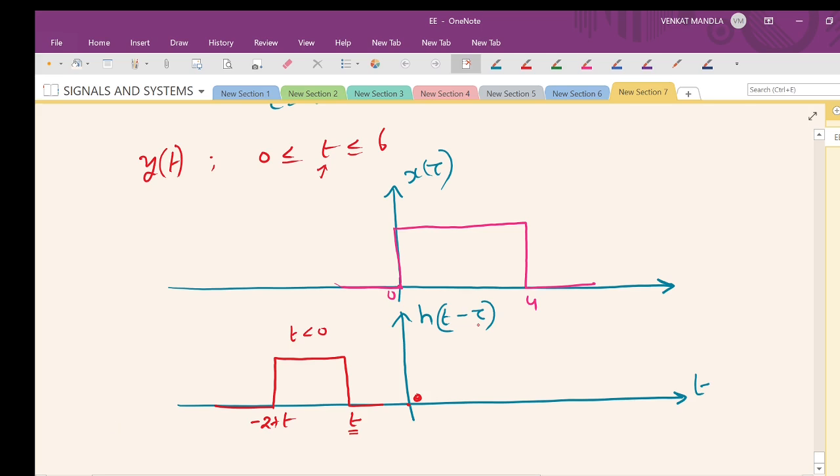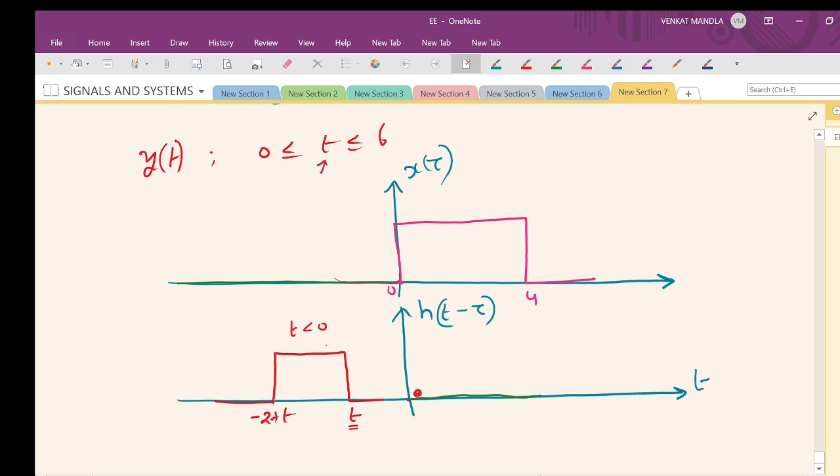If we multiply them, we will get 0, since there is no overlap between x(tau) and h(t minus tau). Zero multiplied by anything is 0, so there is no overlap.